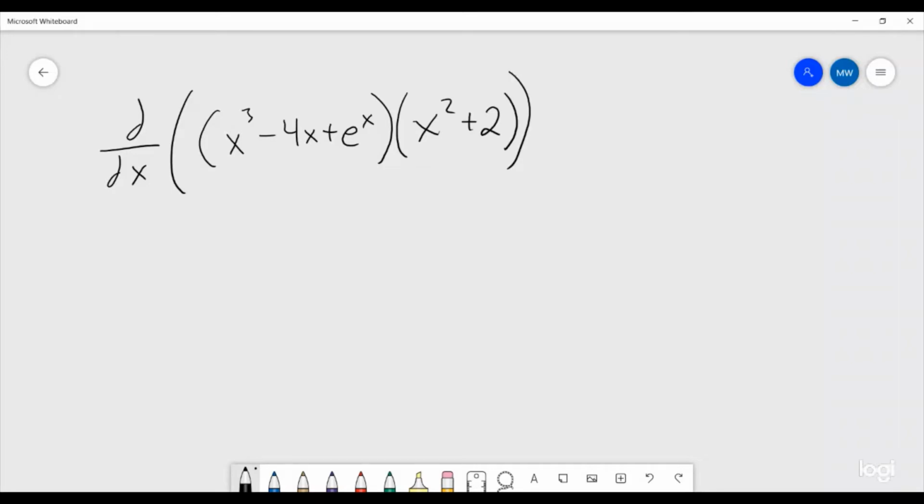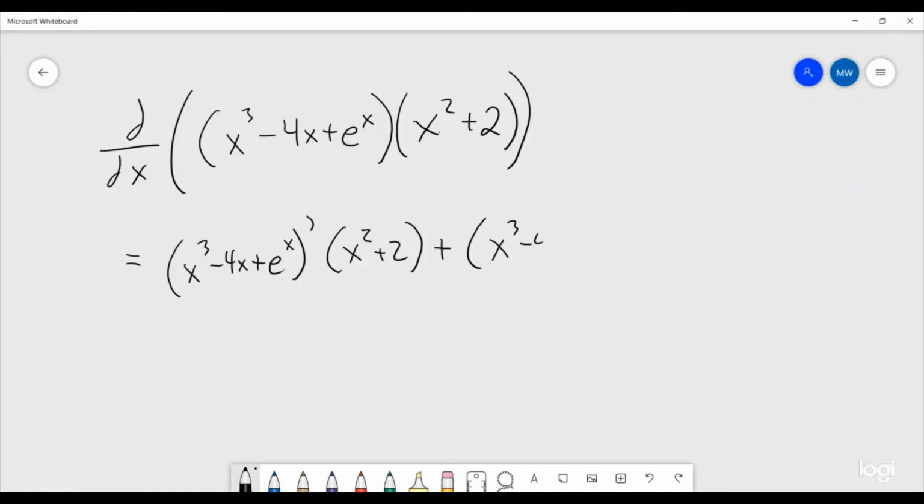Well, f times g is going to go derivative of first times the second plus the first times the derivative of the second. So this is going to be derivative of the first, so x cubed minus 4x plus e to the x prime times x squared plus 2, plus the first, x cubed minus 4x plus e to the x, times the derivative of the second, x squared plus 2 prime.